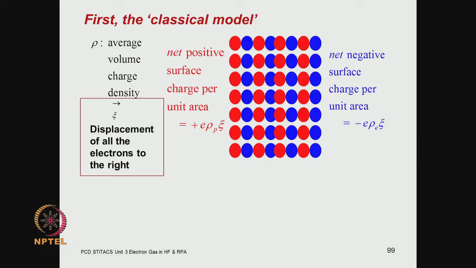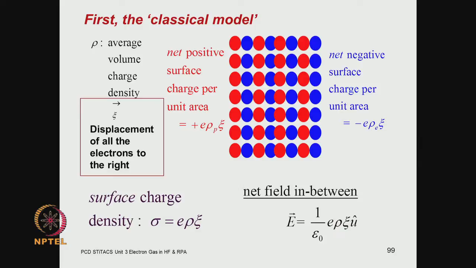With a surface charge density, written here as sigma, which is e rho times xi, you can get from plain classical electrodynamics that the net field in between will be just the surface charge density divided by epsilon 0. That gives you the intensity of the field between those two regions.